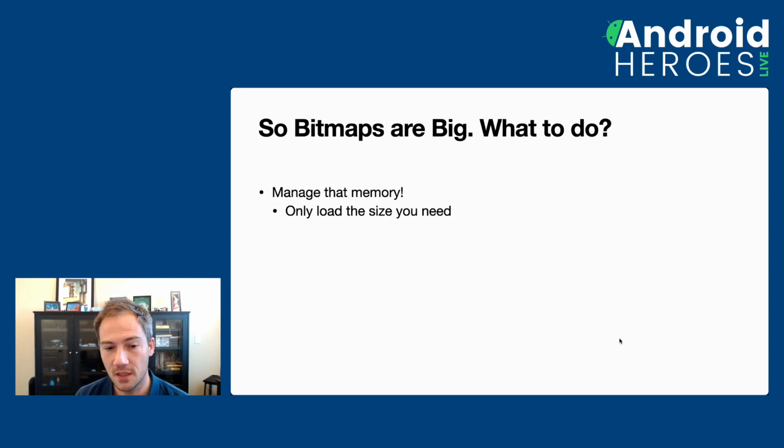So if you put a file in the drawable folder and you load it on a modern device, we're going to automatically scale the bitmap to 4 times its size on each axis. So it's going to be 16 times larger in memory. I've seen people trying to load high-resolution images, and they put them in that folder, and they run out of memory trying to load that one file. And that's because the system is trying to upscale it on their behalf.